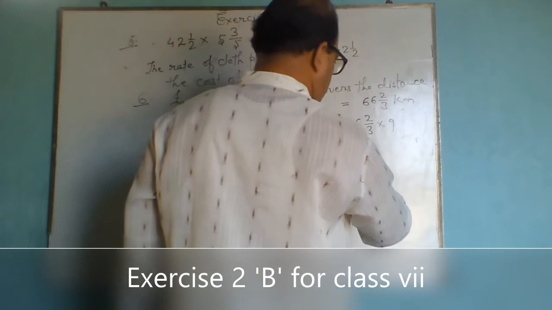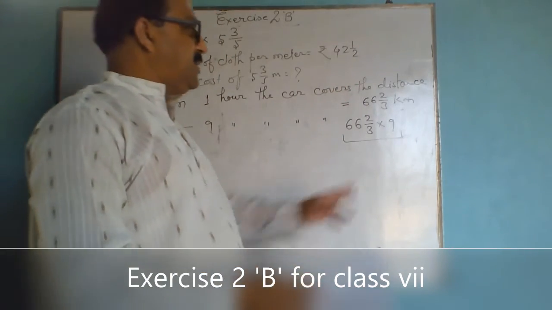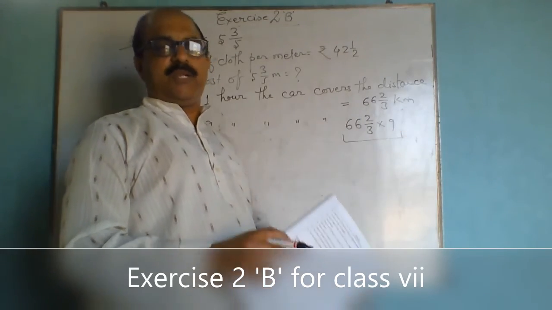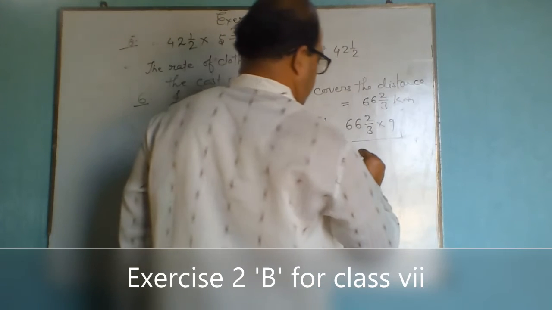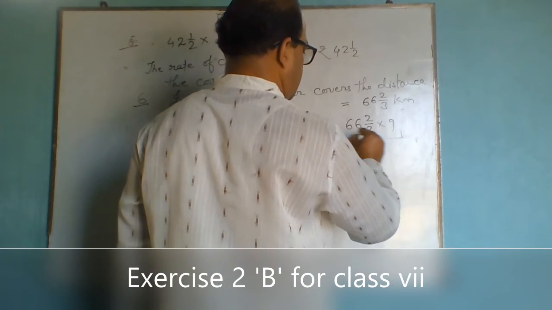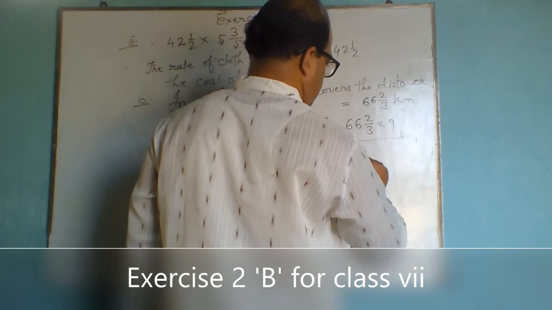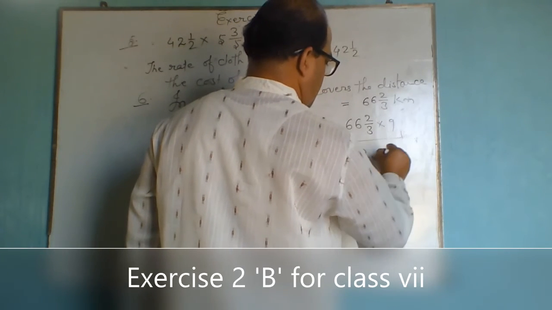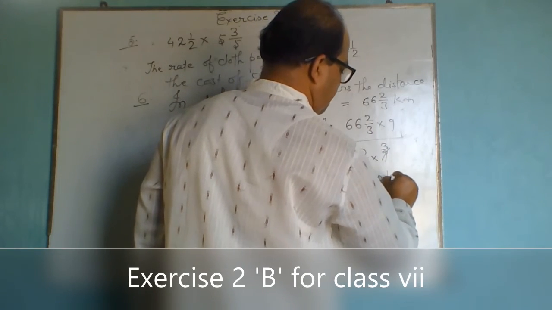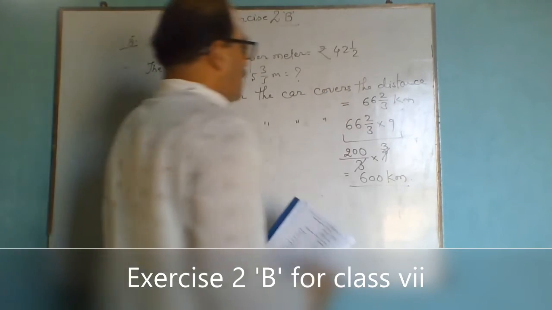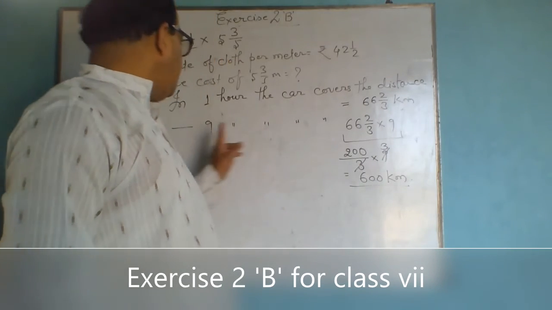And when you multiply it, you will get the answer. And your answer will be in kilometer. The unit must never be left out. Three threes are 9 and 600 kilometer. The car will cover the distance, traveling 600 kilometer in 9 hours.